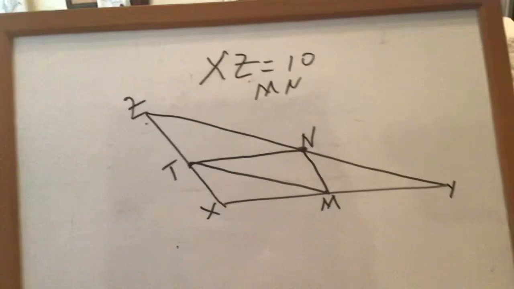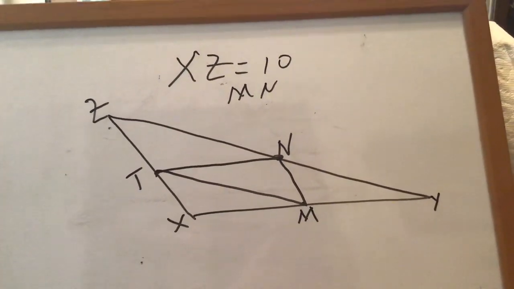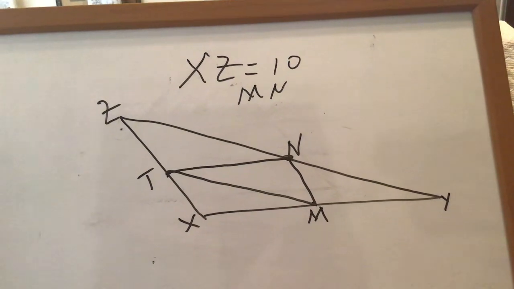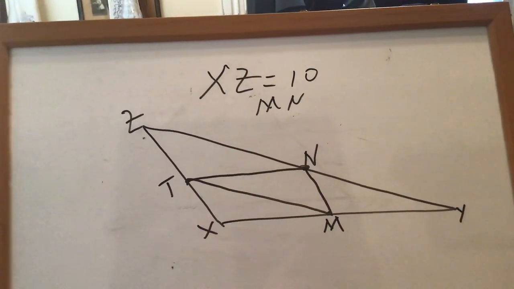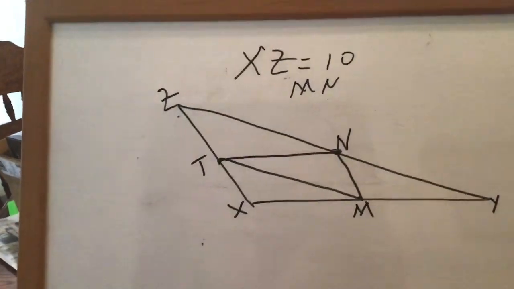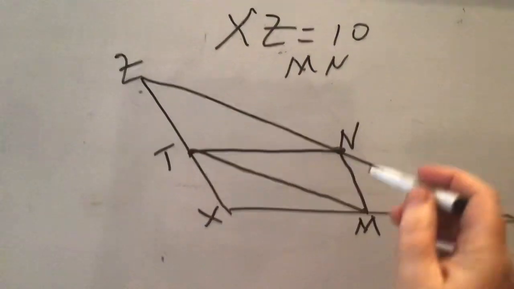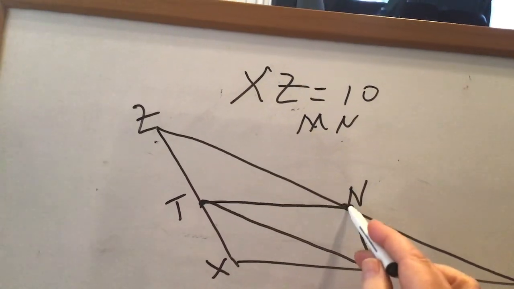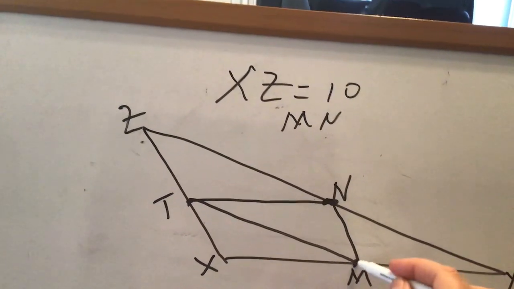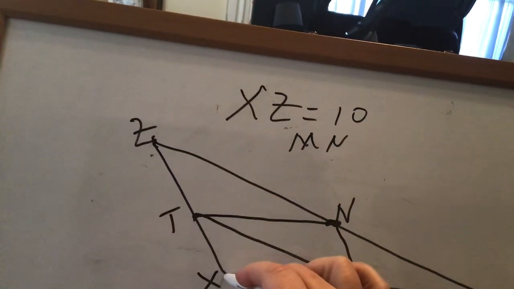If XZ is equal to 10, then MN is going to be the midpoint of this line to this line, and then from here to here. This is your baseline.